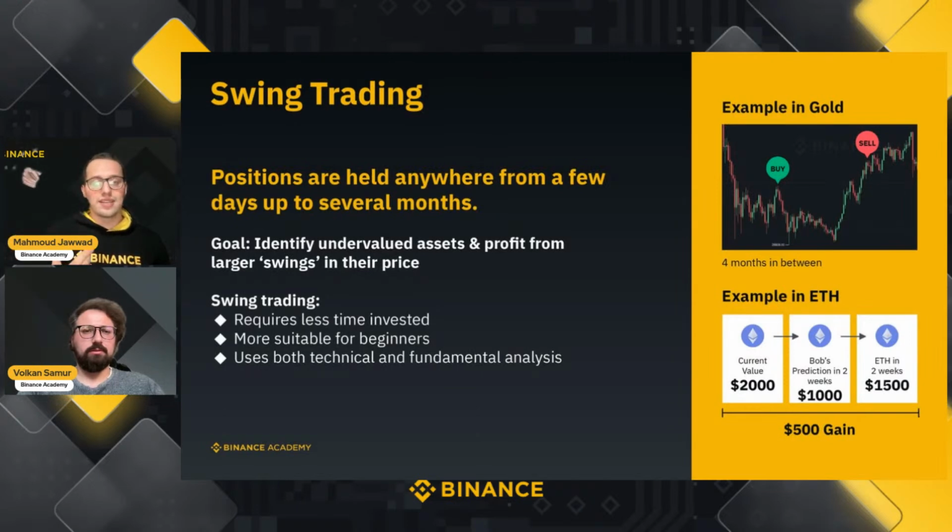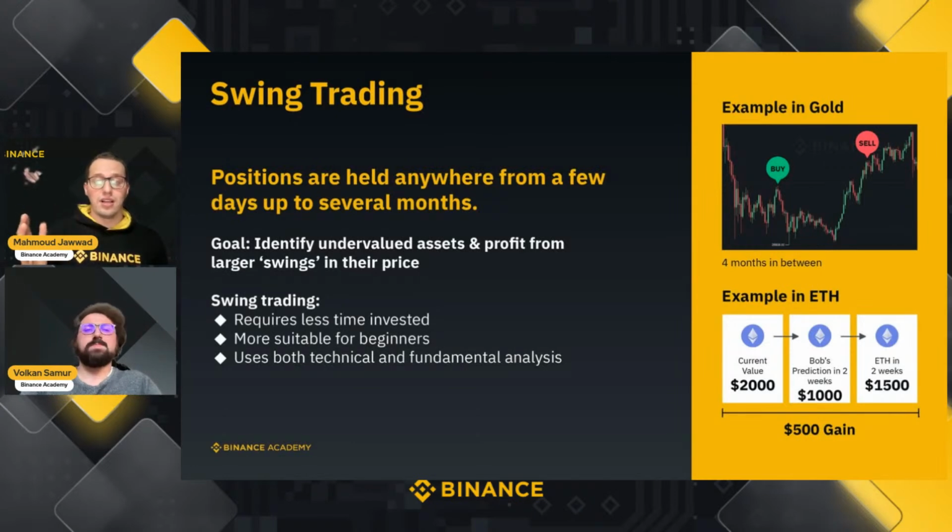Your goal as a swing trader is to identify assets that could be undervalued and are likely to increase in price. In this case, you would purchase the asset and sell it when the price rises, and you generate a profit.